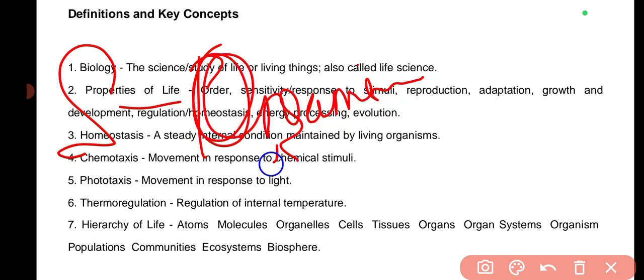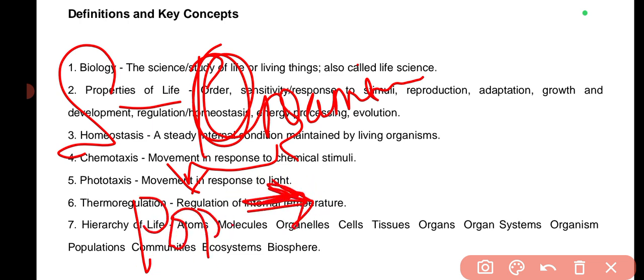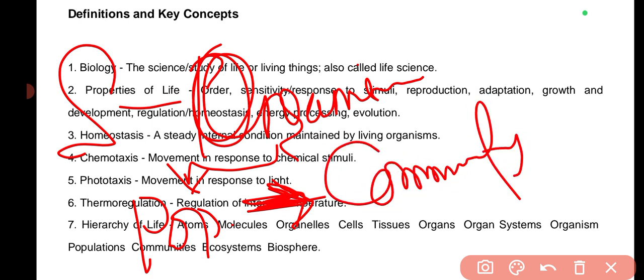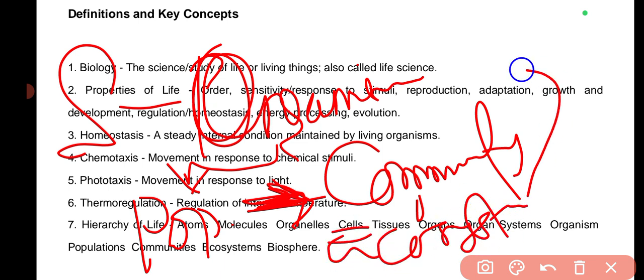Then we have organisms of the same species, a population of that species. When we have several populations, they form a community. Then several communities form an ecosystem, and several ecosystems form the biosphere, which is the Earth.